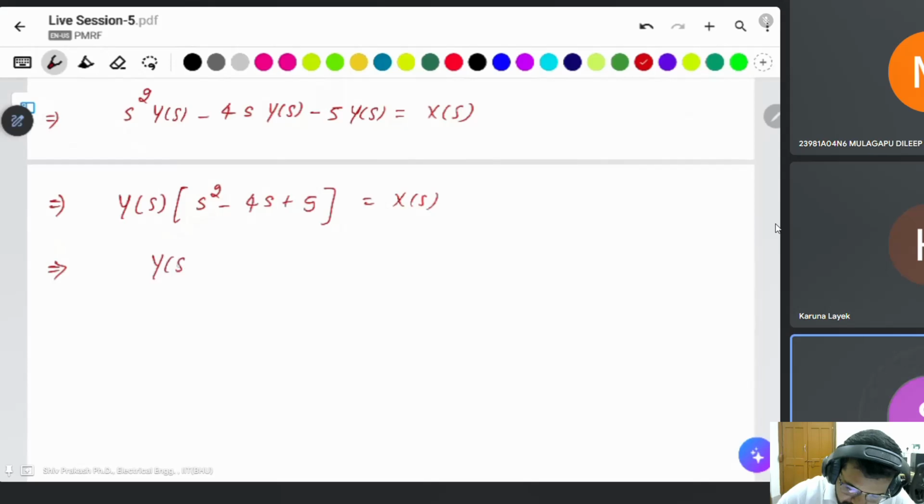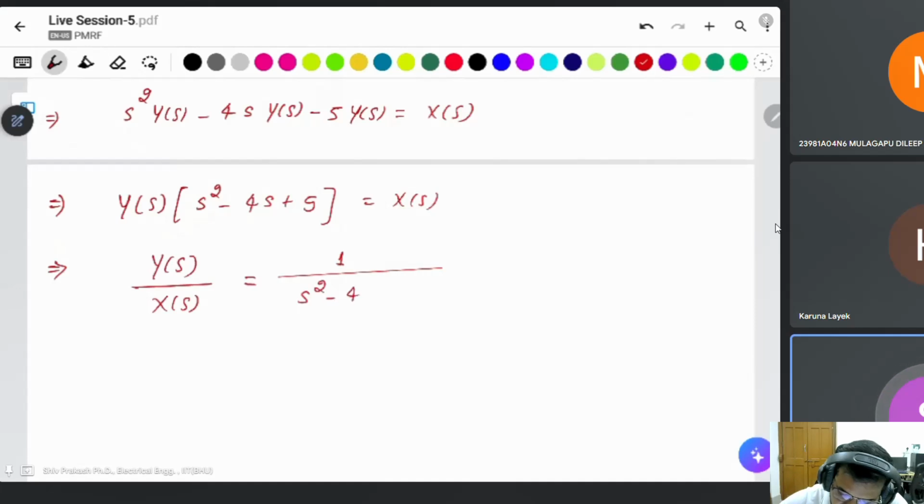Then Y(s) divided by X(s) is the transfer function, same as the impulse response. Then this will be 1 divided by s square minus 4s minus 5. The minus is there.